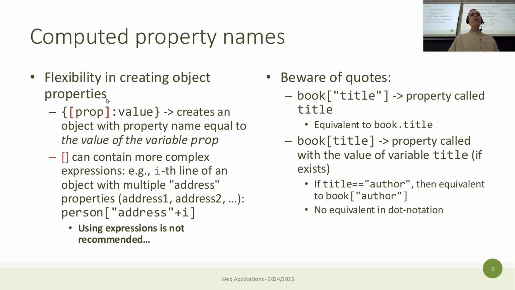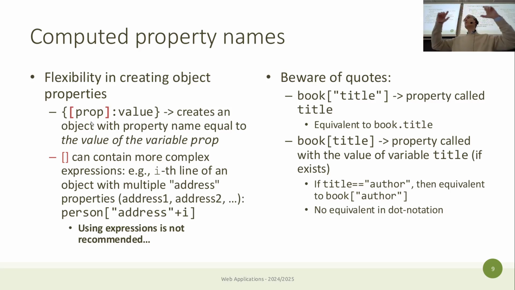Okay, creating object properties is a quite flexible mechanism. I want to mention this one because sometimes it will be useful in our code. We can even specify the property name as a variable, which typically contains a string. In this case, we define an object in the simplest way, which you already got: open a curly bracket, and then we decide to have a property whose name is what is contained in the variable prop.